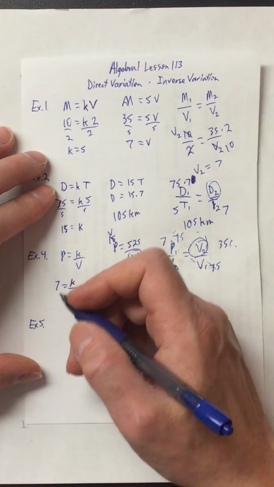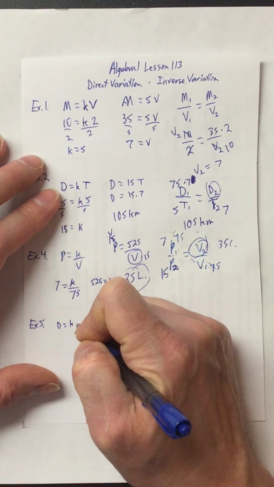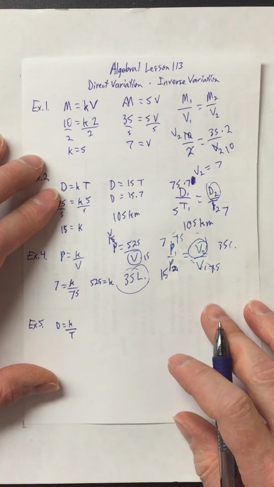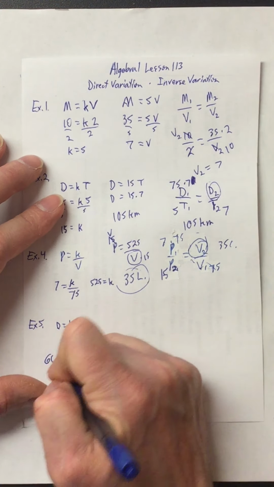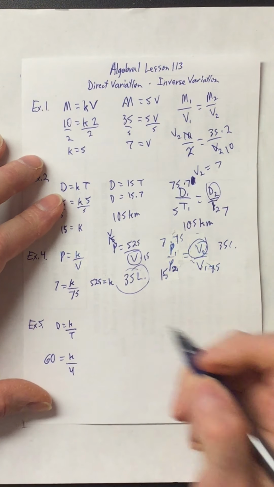First, the two-step method. So we've got distance is equal to our constant, and then inversely proportional to our time. All right, our first rate is 60 kilometers per hour and our first time is 4 hours.